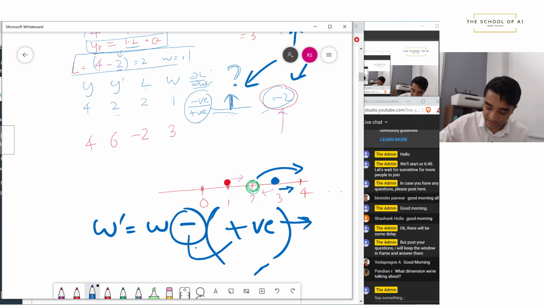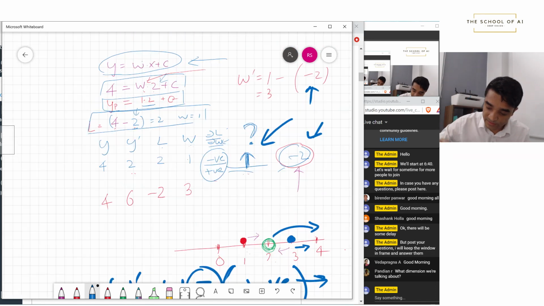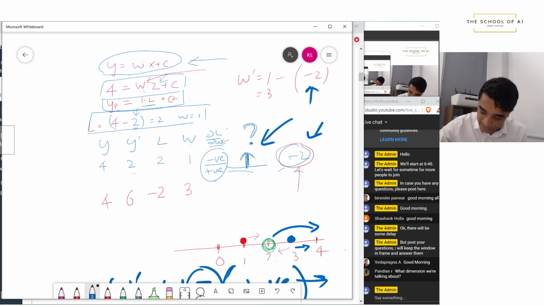That is the importance of this negative sign. And so this time we want to reduce this exactly. So this came as positive in the last step. This is going to come as negative in the current step, because we are going to look at it with respect to the loss value, right?